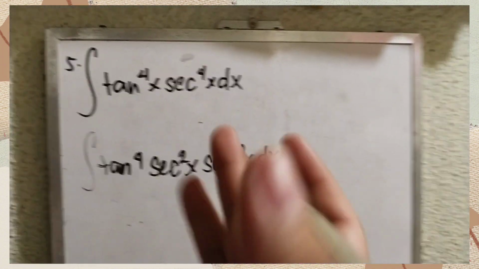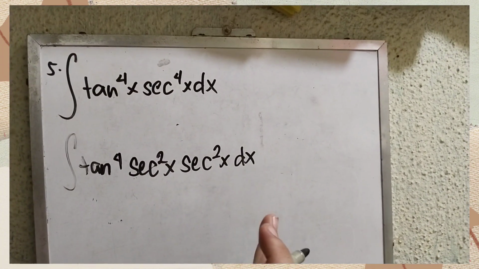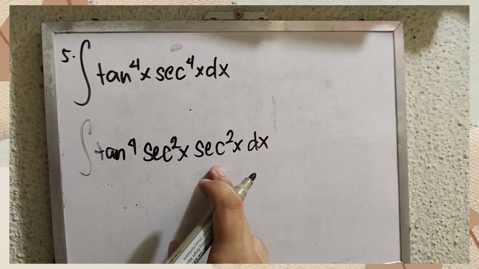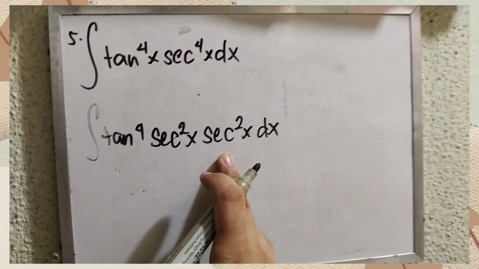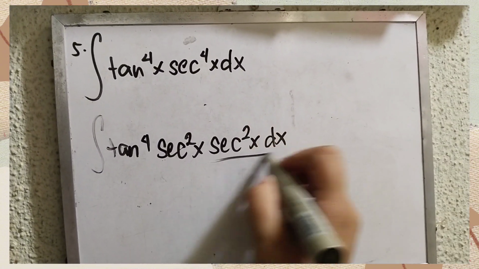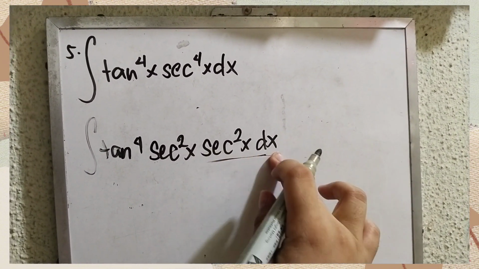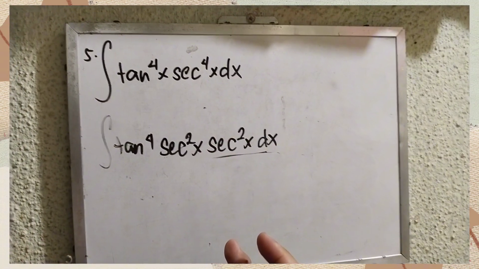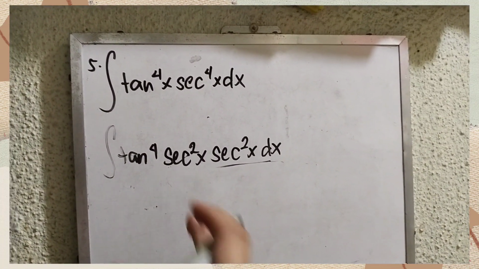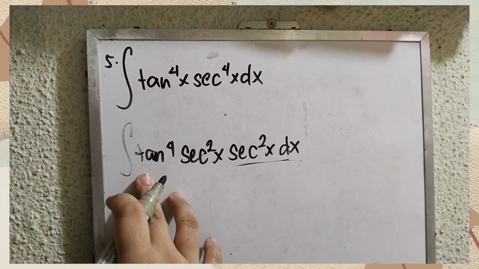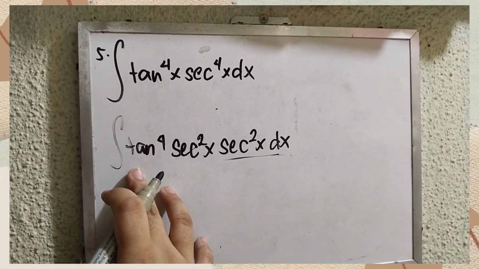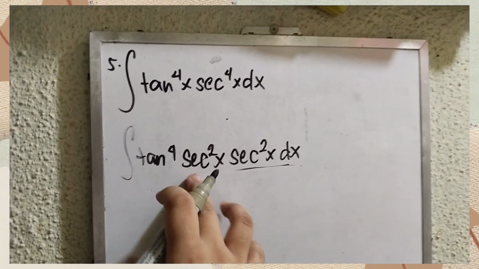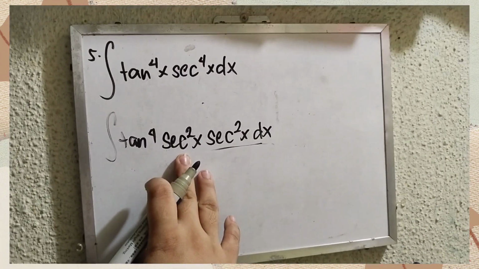Then now we can isolate the secant squared x dx to be our du. We want this to be our du, and the only way that happens is if our u is tangent. Then what happens to the other factor in the middle?